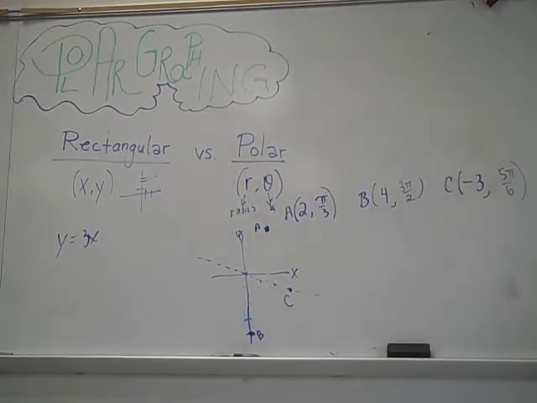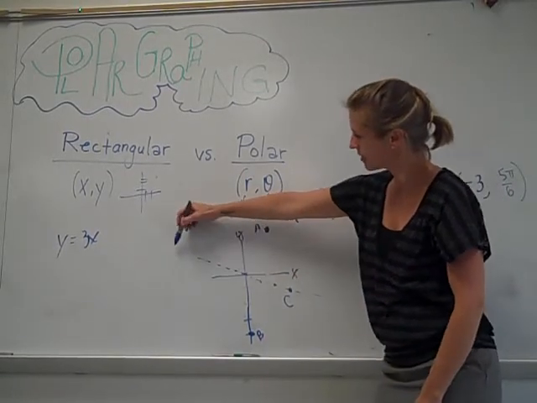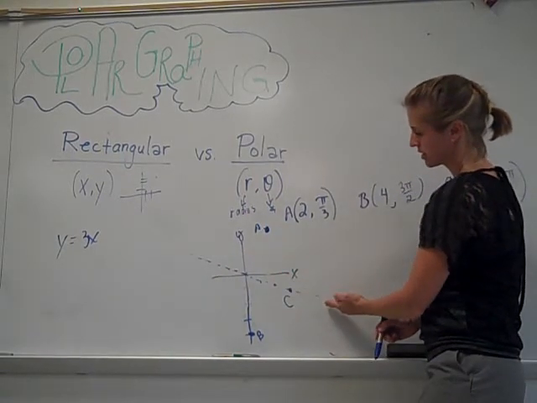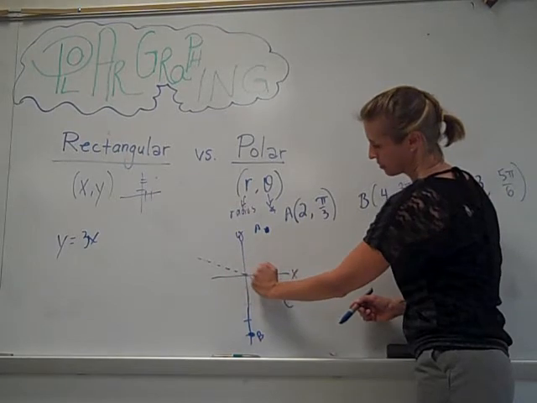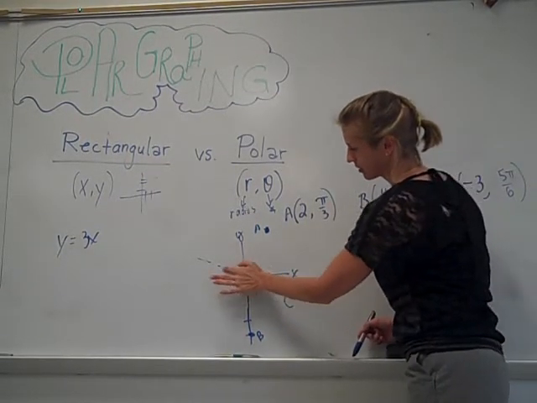I'm always going to go to wherever that angle tells me to go, 5 pi over 6. This angle goes this way, but if I continued, it would also go this way. And since the negative wants me to move the other way, I'm going to move away from that angle 3.